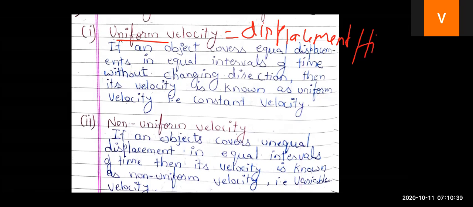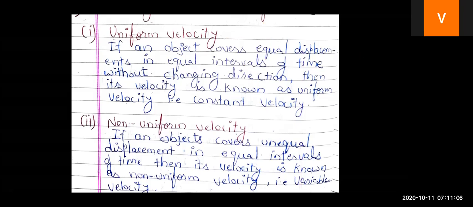So if a body covers equal displacement in equal time without changing the direction, then the velocity is said to be uniform velocity. Equal displacement in equal time, right? But the direction should also not change, right beta? Without changing the direction, then the velocity is known as uniform velocity or constant velocity, right children?